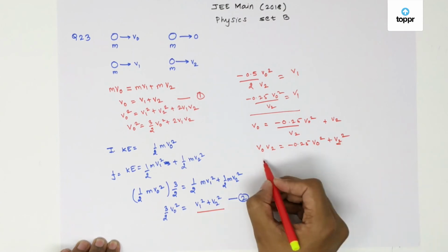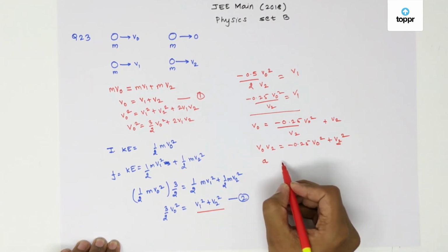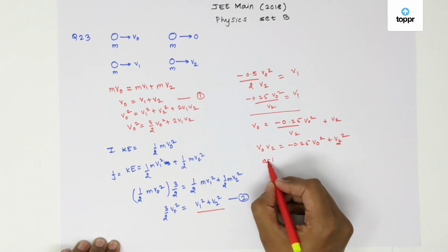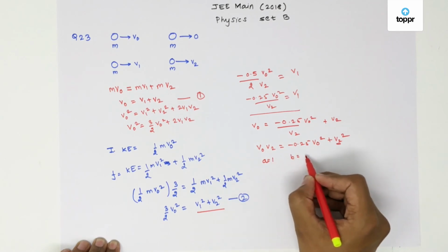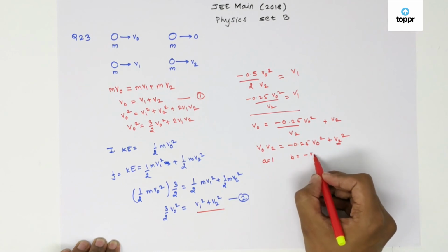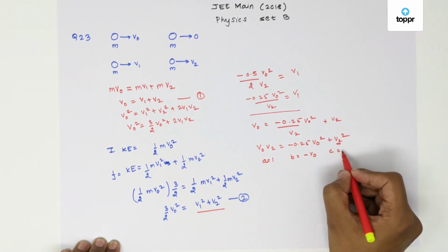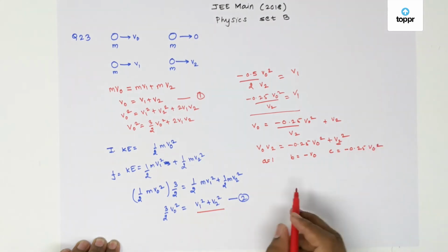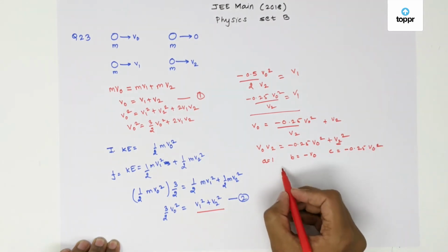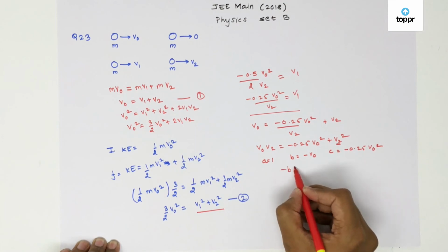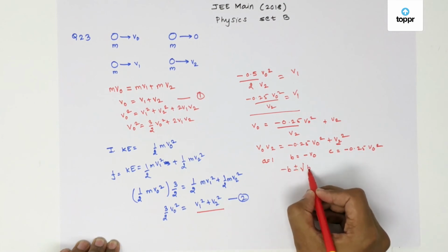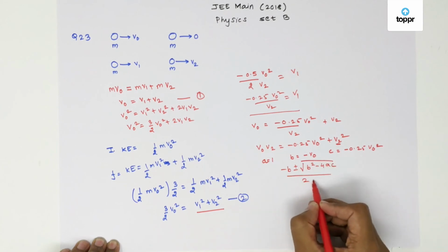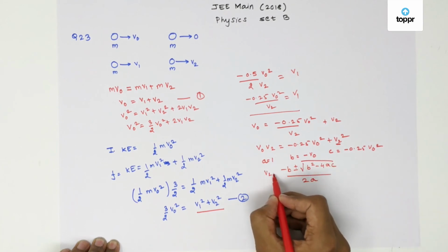So where we have a is 1, b is equal to minus v0, and c is minus 0.25 v0 square. Now apply the quadratic formula to this, which will be minus b plus minus root of b square minus 4ac by 2a. This will be the value of v2.